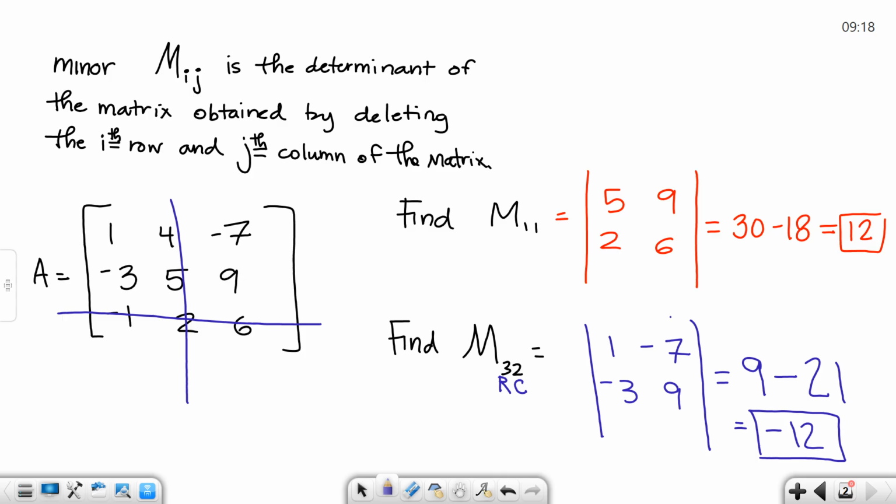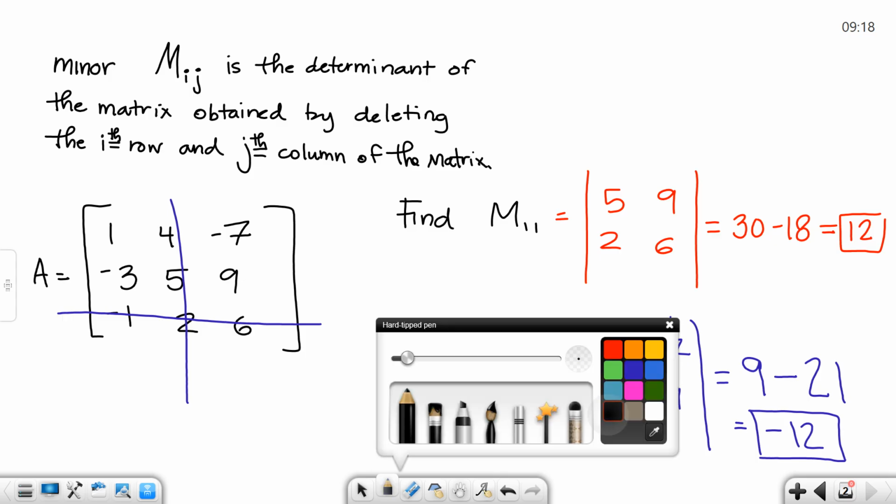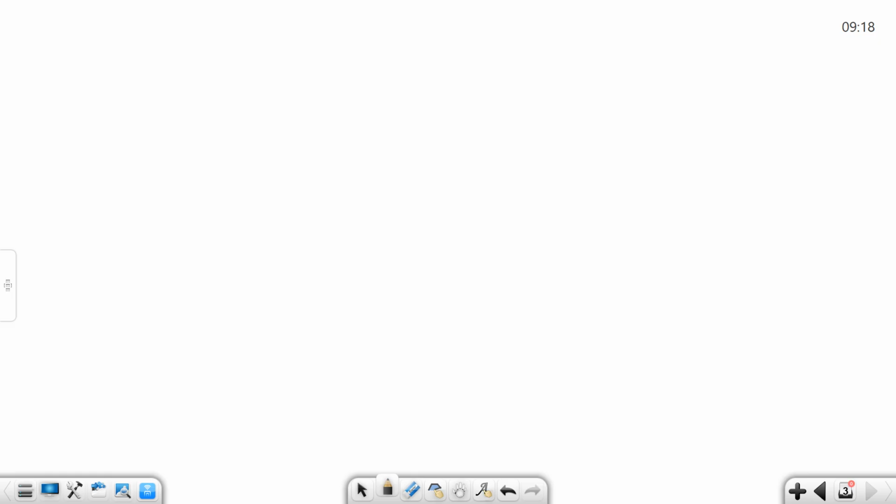So the next step in this process is to find something called the cofactor. The cofactor Cij. That's understood to be a capital C. You can't really tell because C looks the same capital and lowercase, but that's a capital Cij.